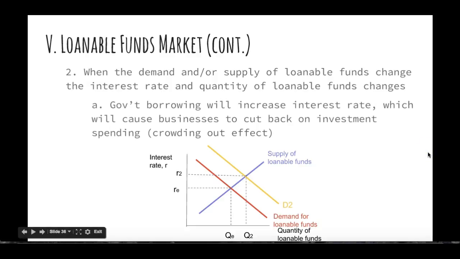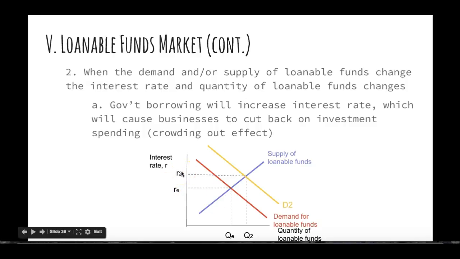When government borrowing causes the right shift in the demand for loanable funds, it's going to actually cause businesses to cut back on investment spending, which is this idea of the crowding out effect. We've talked about this before. Essentially, going from the red curve to the yellow curve, the government is borrowing more money, so they're driving the interest rate up.